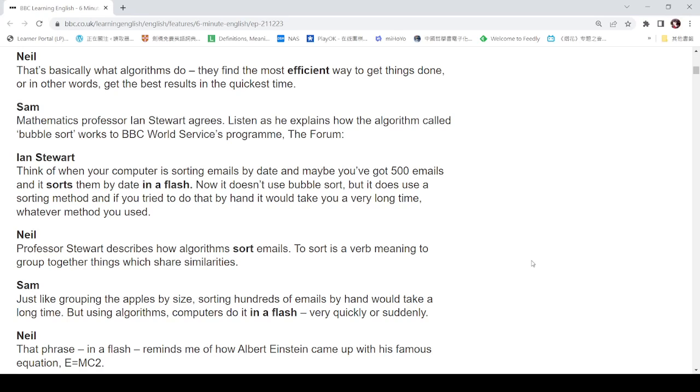To sort is a word meaning to group together things which share similarities. Just like grouping the apples by size, sorting hundreds of emails by hand would take a long time, but using algorithms, computers do it in a flash, very quickly or suddenly.